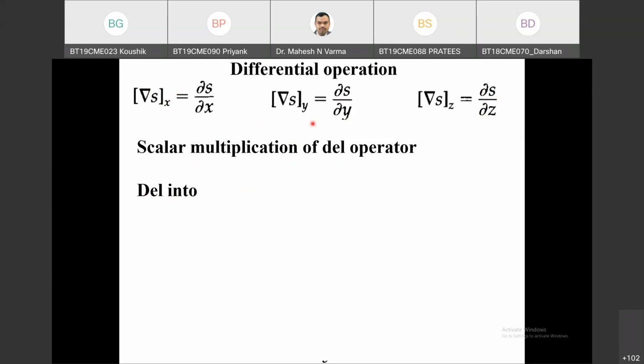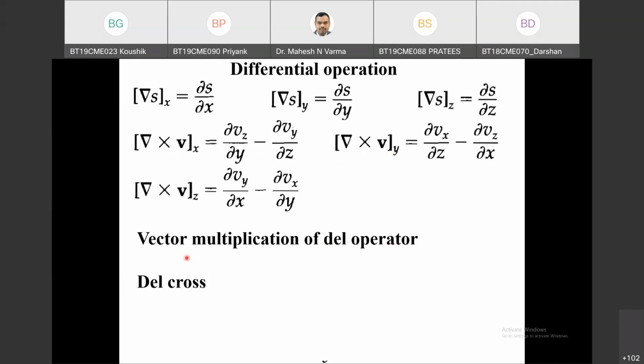So this will be operated like this. You should note this down and remember it, and you can revise the mathematics you have covered. This del operator operates similar to a differential operator. It is also a kind of differential operator only, so all other properties are similar to a differential operator.